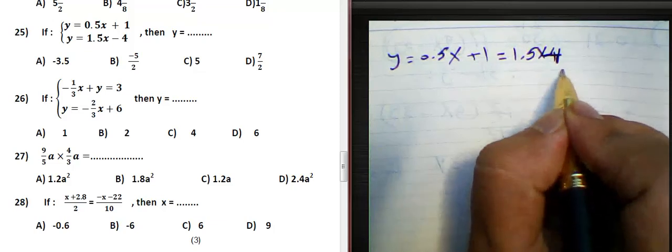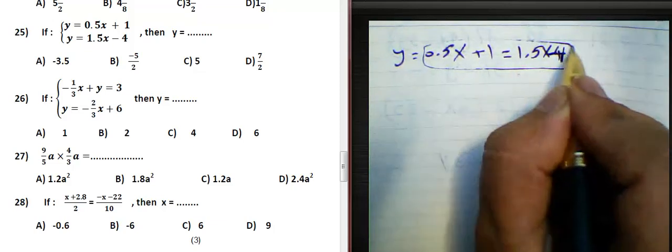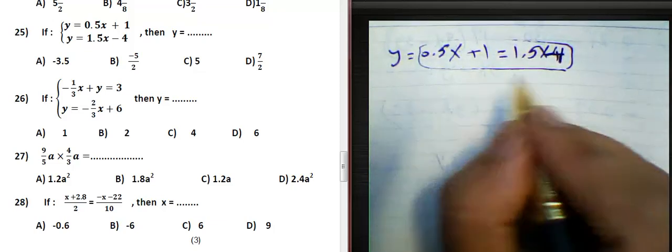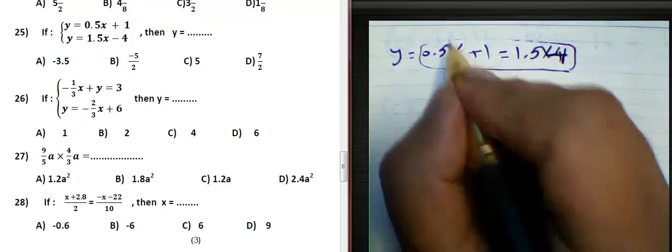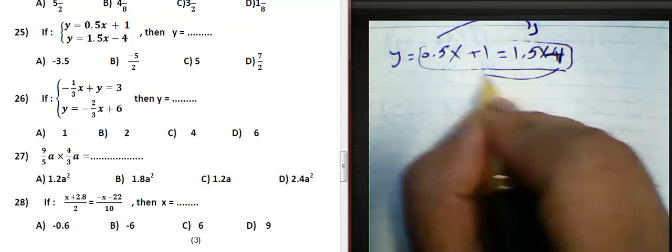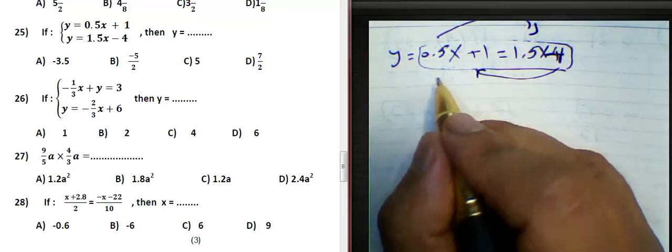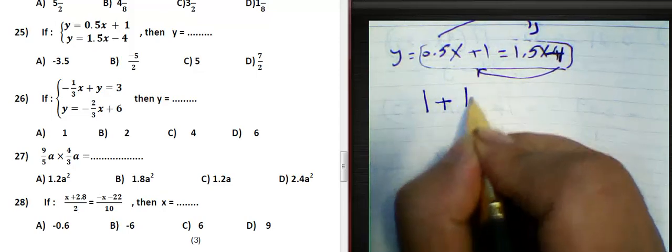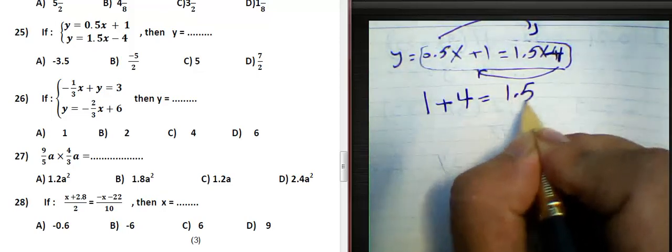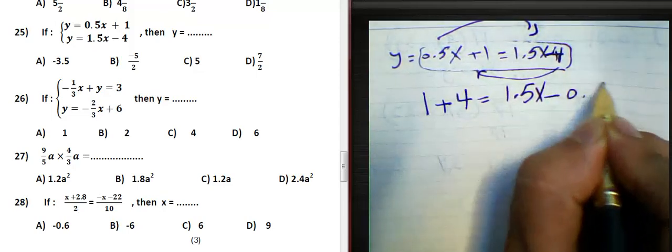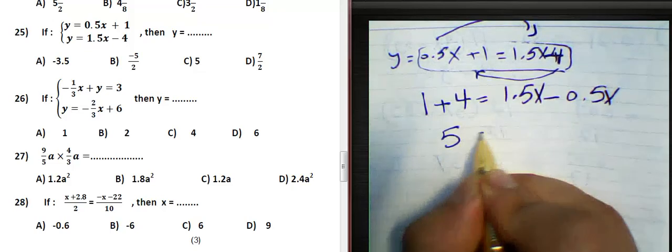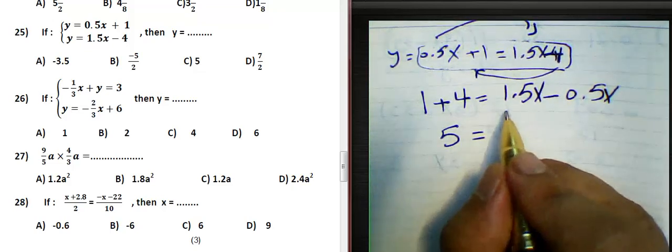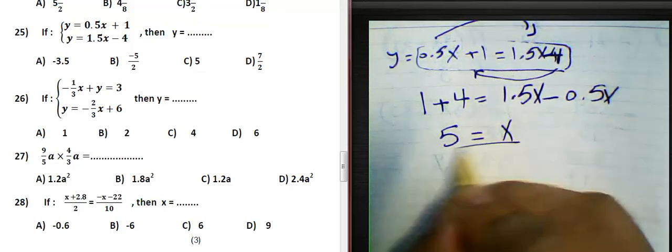We can find x from the two equations here, half x and 1.5x. We can move it to the left hand side, so we can write 1 plus 4 equals 1.5x subtract 0.5x, so the result will be 5 equals 1x, so x will be 5.